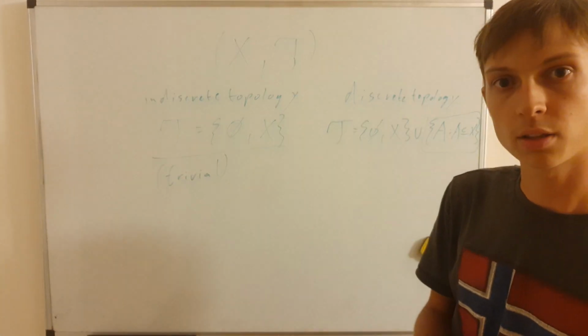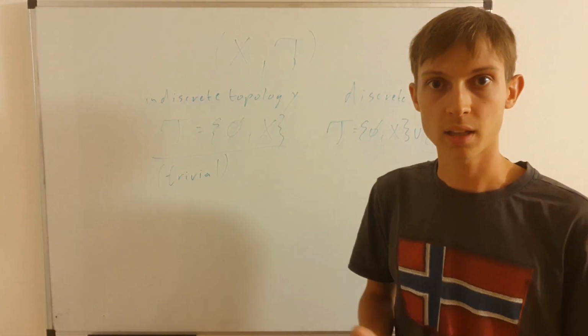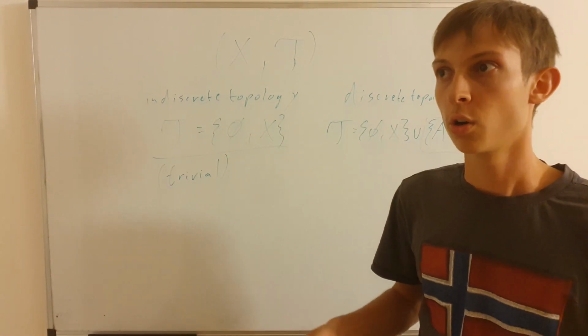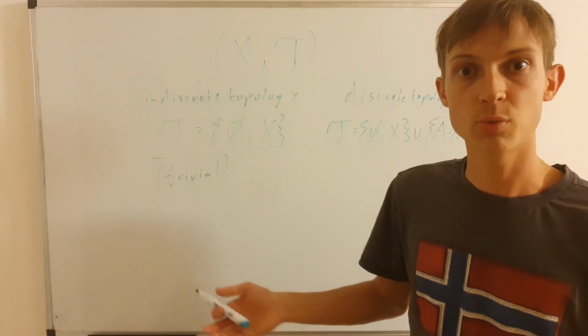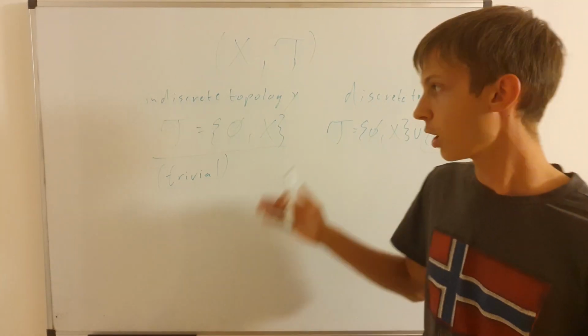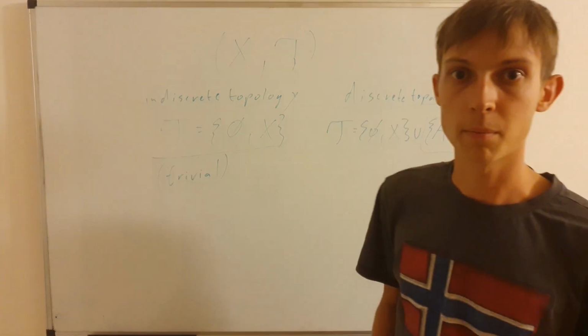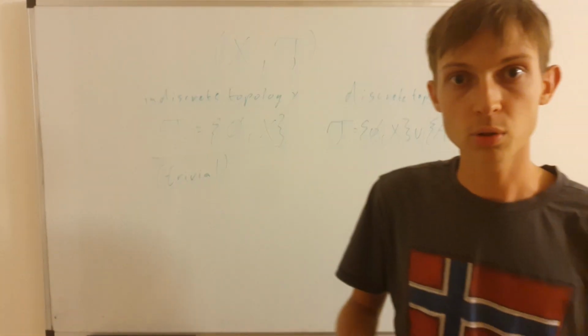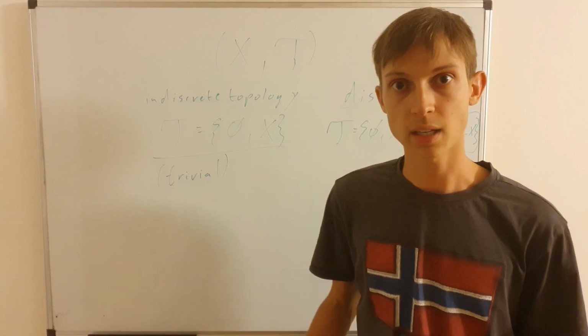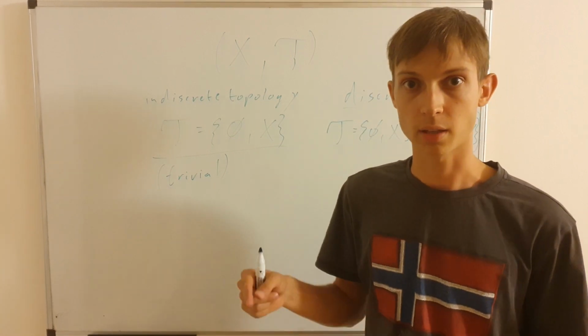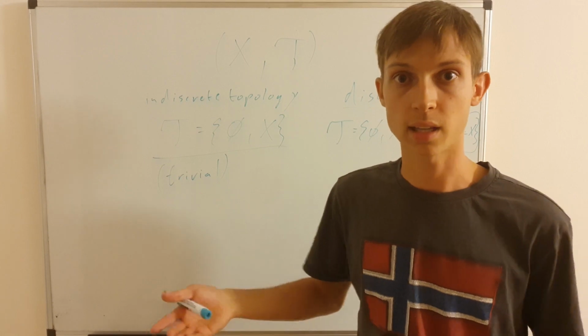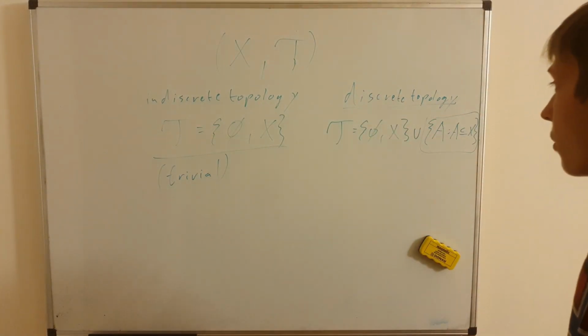If we take the intersection of any finite number of subsets, we're again going to get some subset, and as we have all subsets taken into account with a discrete topology, it's going to be a member of the topology. A second thing is the union of any number of subsets, which again will be a subset of X, and we have all subsets inside that list. Therefore, it will also work out.